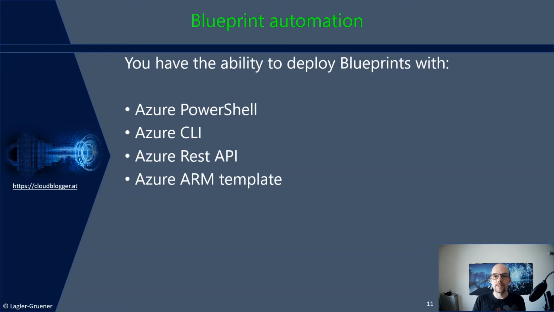And then you have the ability to automate those blueprints over Azure PowerShell, for example. When we think about infrastructure as code, Azure PowerShell is one option that you have. You also have the ability to automate blueprints over Azure CLI, over REST API calls, and at the end, for sure, also over ARM templates.